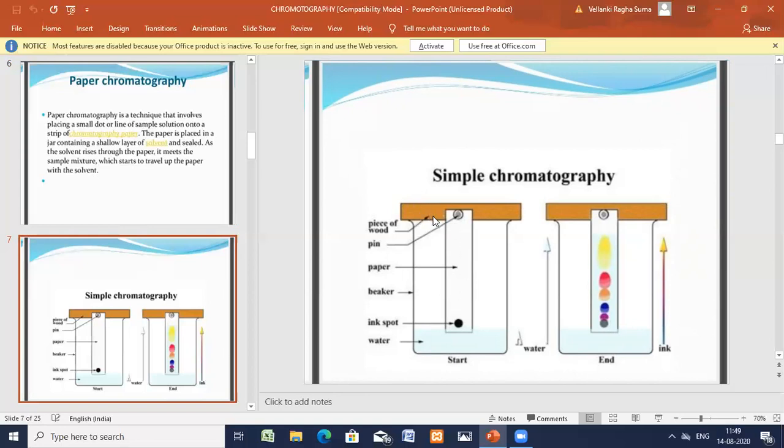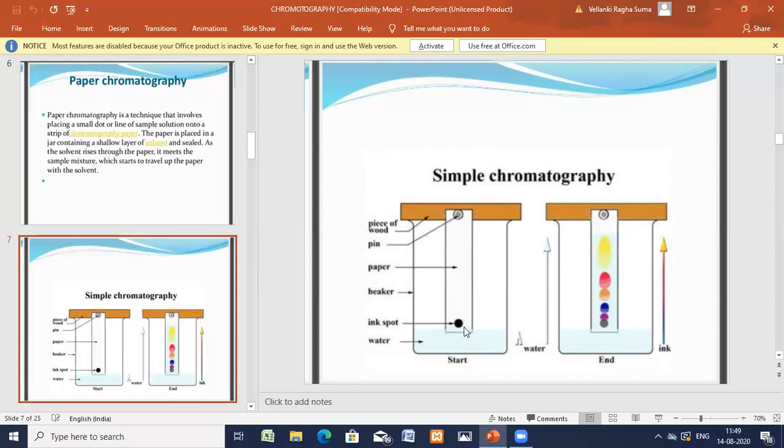It is pinned to a piece of wood, and this paper is kept in the jar which contains solvent. Before placing it in the solvent, the sample solution, whatever we want to separate, is placed on the paper at the bottom.